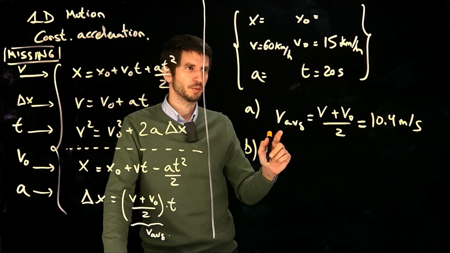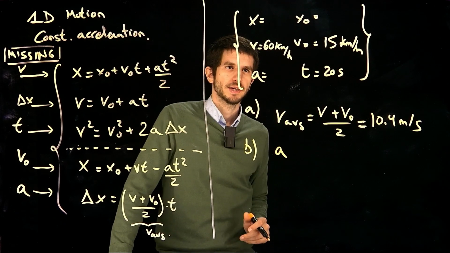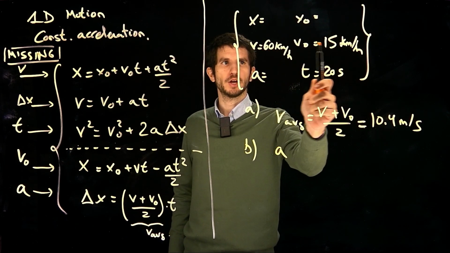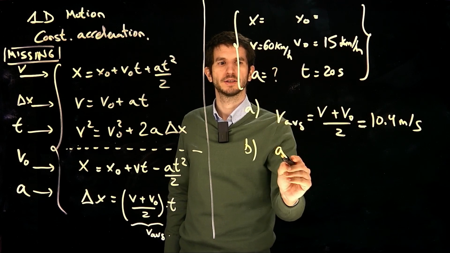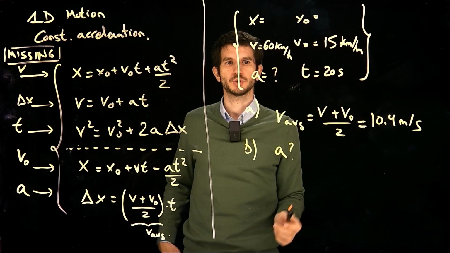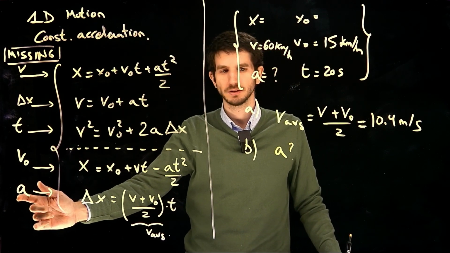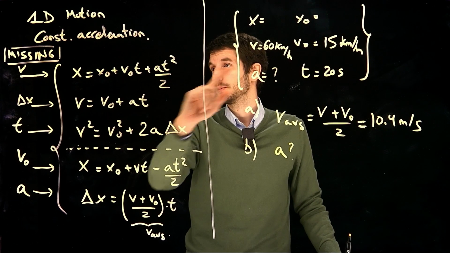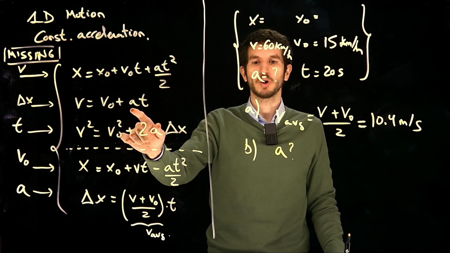Now the second part of the problem says what is the acceleration of this object. Now we have velocity, we have time, we're being asked about acceleration, right? We are missing position. So we go to our equations and we say, what do we do when we are missing position? We have velocities and we want to find acceleration.